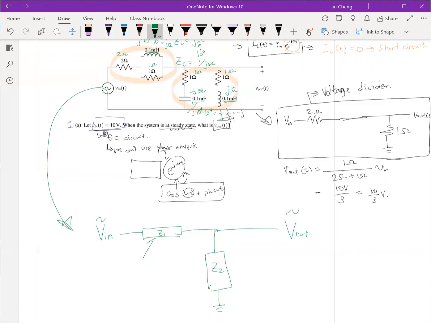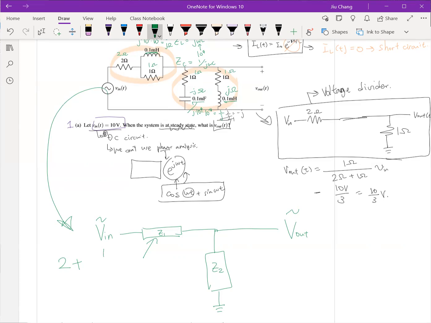Okay, let's now solve for this impedance Z1. Well, we see that the 2 ohms and the parallel part are in series, so we just add them. And for the parallel part we use just the normal resistor formula.